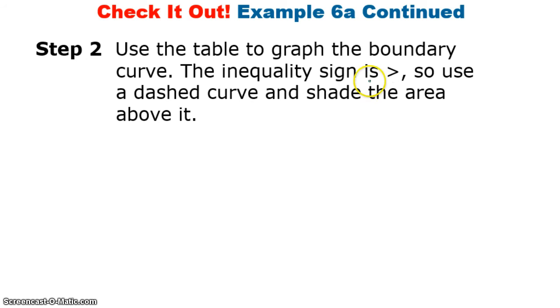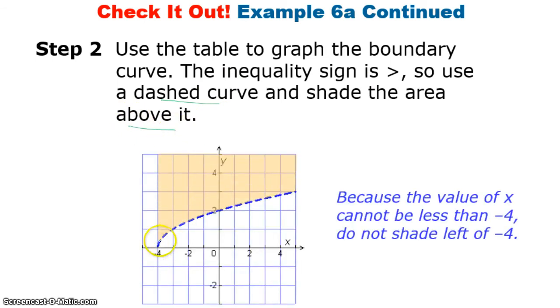Pay attention to your symbol. Your inequality sign is a greater than. So again, we will use a dashed curve, and we will shade above. So here it is. Here's the -4 and down here, -4 and 0. Our 0, 2, so we're crossing the y-axis here at 2.